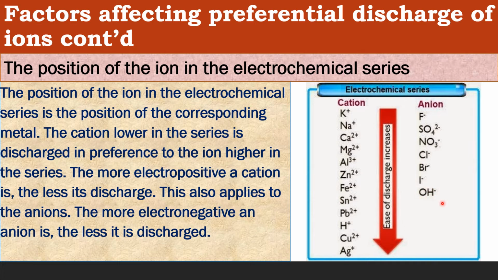Of course, OH- will be the one that will be discharged because it is lower in the series compared to Cl-. And that is what the position of ion in the electrochemical series is saying, that the more electronegative an anion is, the less it is discharged, and the more electropositive a cation is, the less it is discharged.